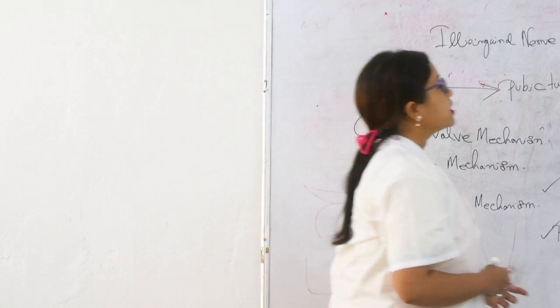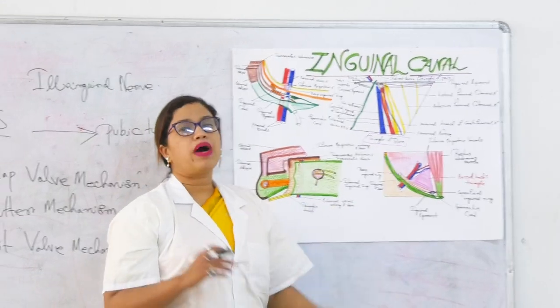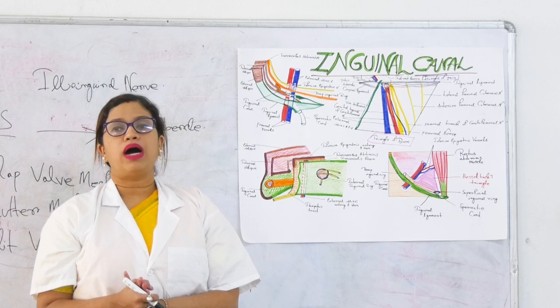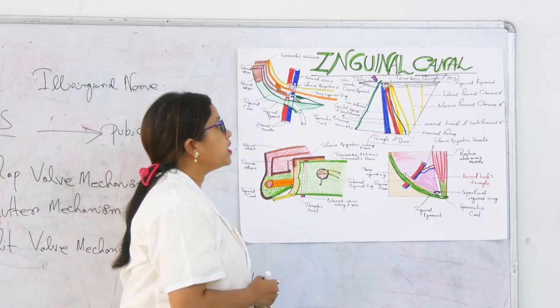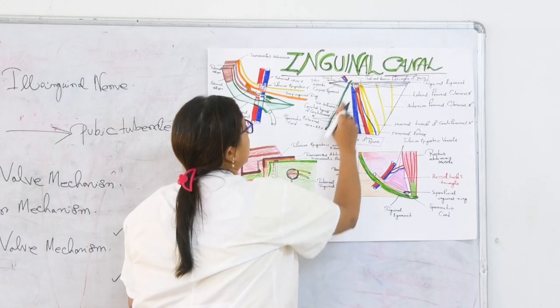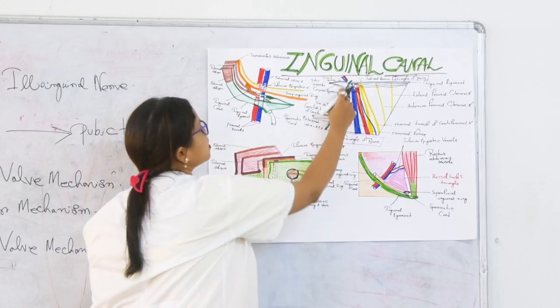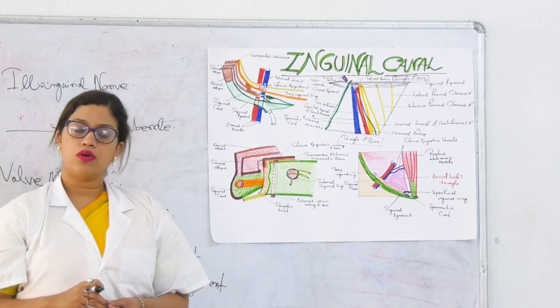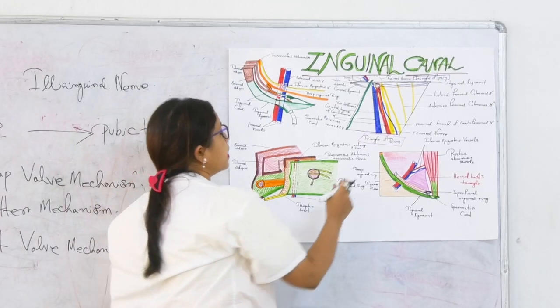Now, see, we just write it down. Boundary of triangle of doom. The boundaries for the triangle of doom are: laterally, which structure is there? Vas deferens.